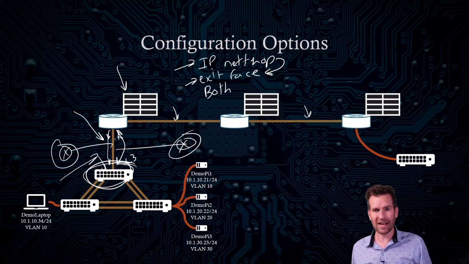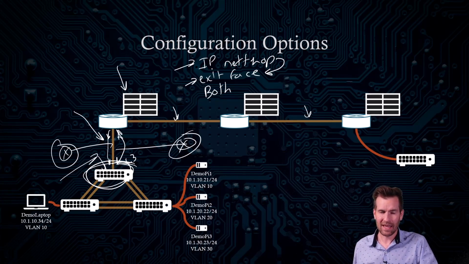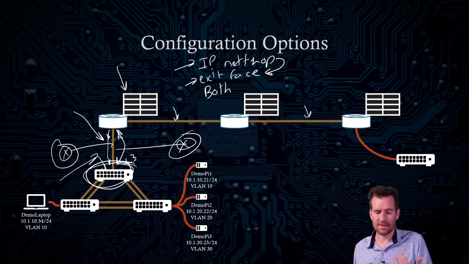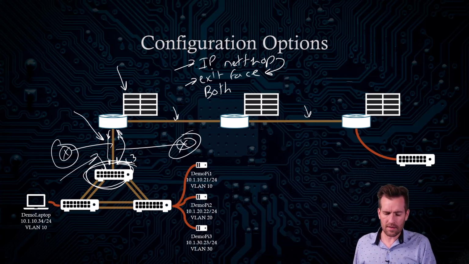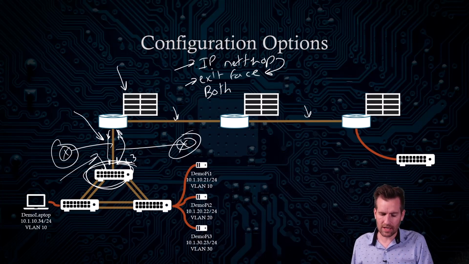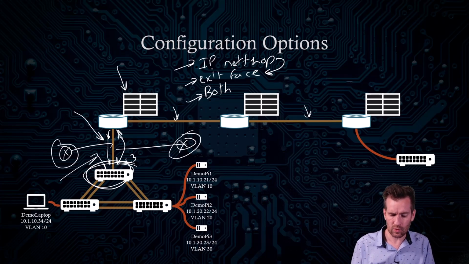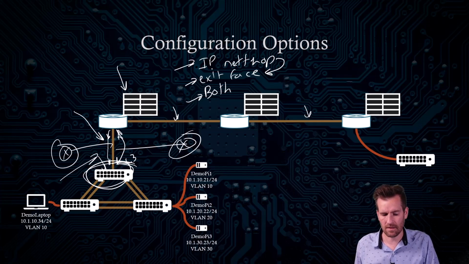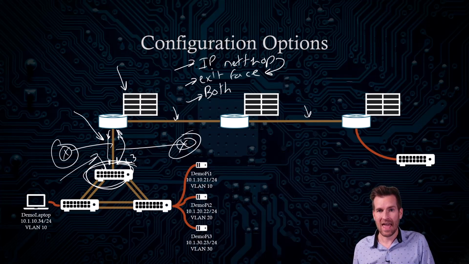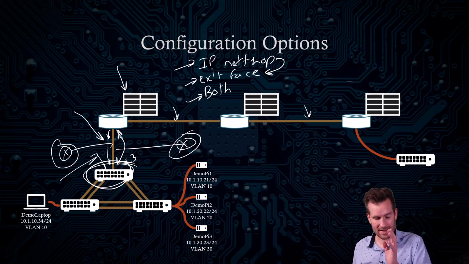And so it will actually have to take one more step, which could possibly be problematic with your hardware if you're low on resources at all. So therefore, it has to do an extra lookup to find that exit interface. So that's one reason why, when I can, I like to configure both the exit interface and the IP address. And so then it knows what exit interface to go out of, and it knows the IP address that it needs to hit.